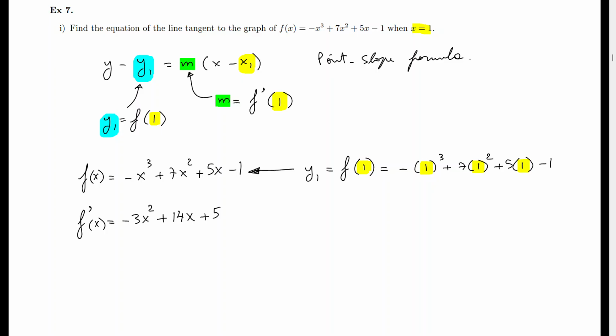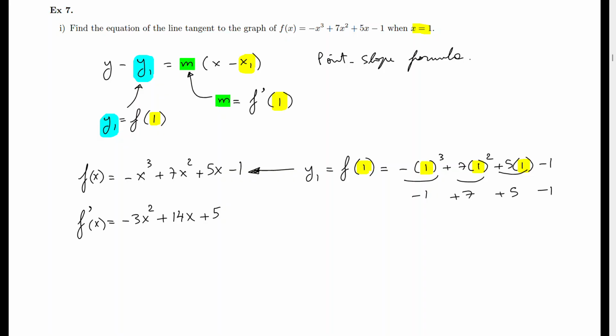I believe the answer here is supposed to be 16, but let's double check it. So negative 1 cubed is negative 1, 7 times 1 is 7, and 5 times 1 is going to be 5, minus 1 at the end. Okay, so maybe I was off a little bit when I said 16.